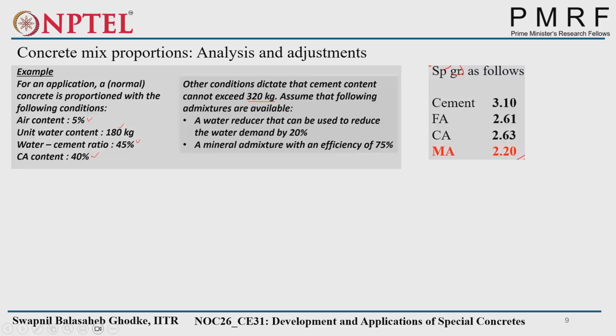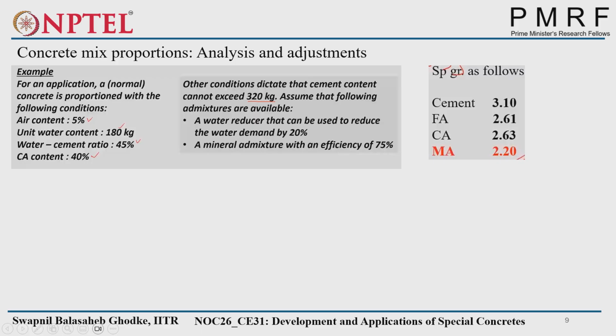What they said: other conditions dictate that cement content cannot exceed 320 kg. So we are not allowed to use cement content beyond 320 kg, but we are using 400 kg in this mix. So we have to make some adjustment where we can reduce the cement content. How can we reduce? There are two options they have given. We know we can use a water reducing admixture, that is a super plasticizer, so we can reduce the water content, and ultimately we can reduce the cement content.